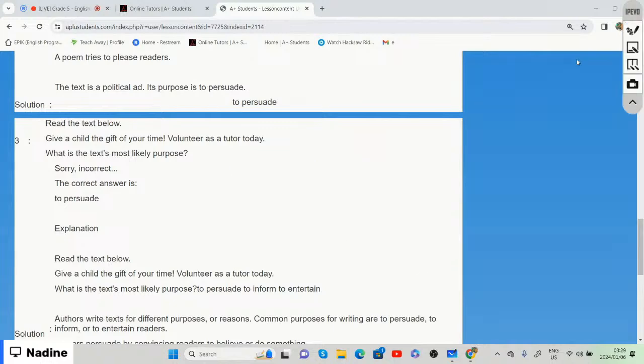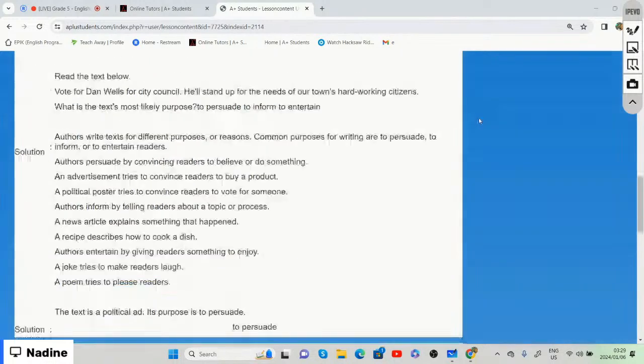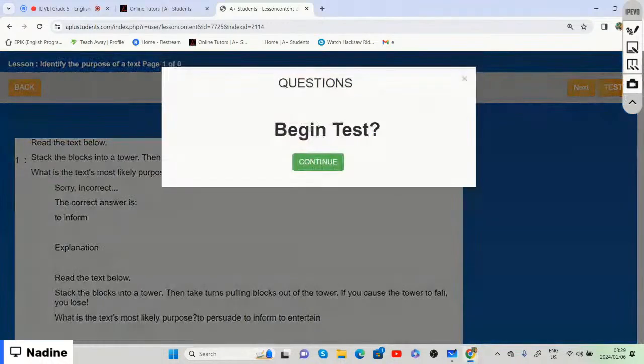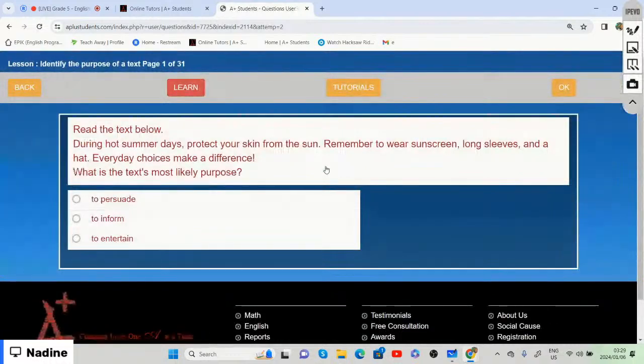All right, now let's go to our test where we are going to identify the purpose of a text. During hot summer days, protect your skin from the sun. Remember to wear sunscreen, long sleeves, and a hat.